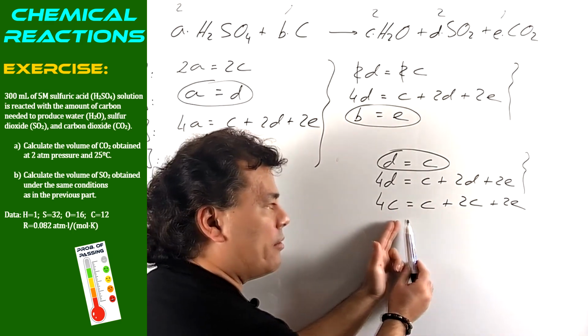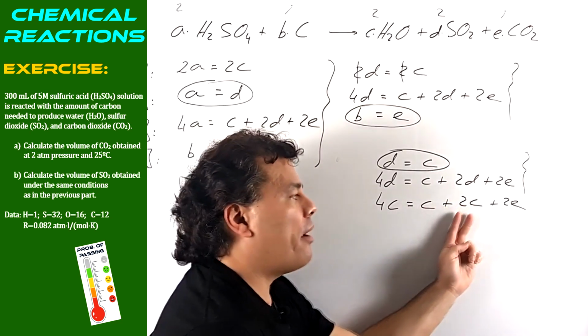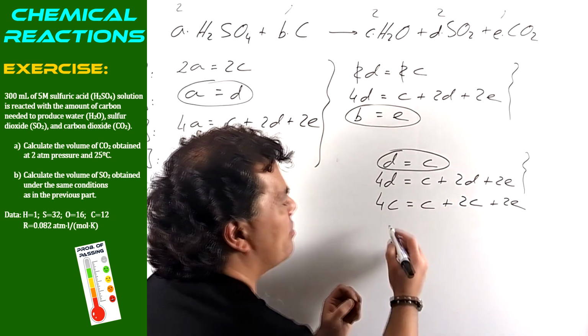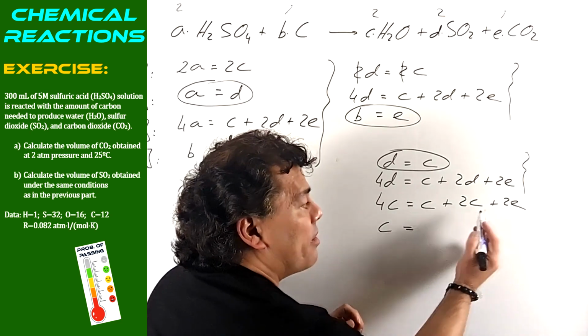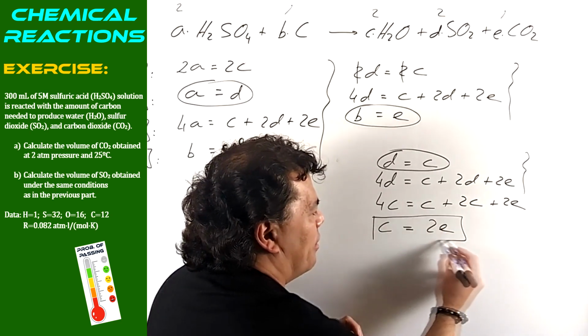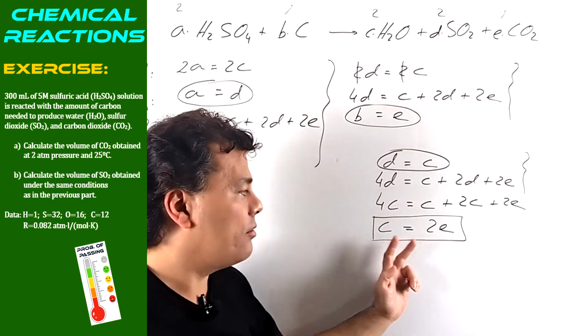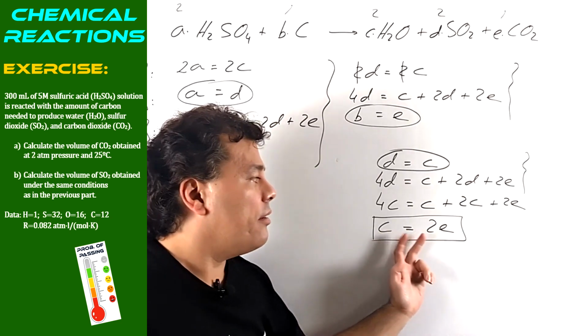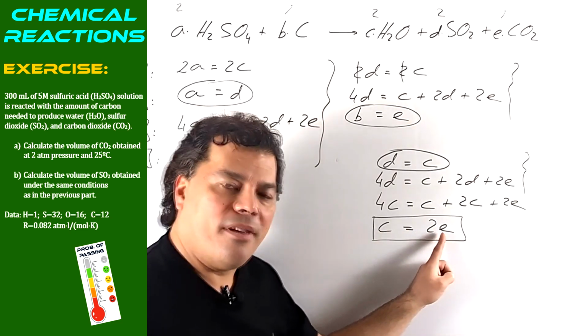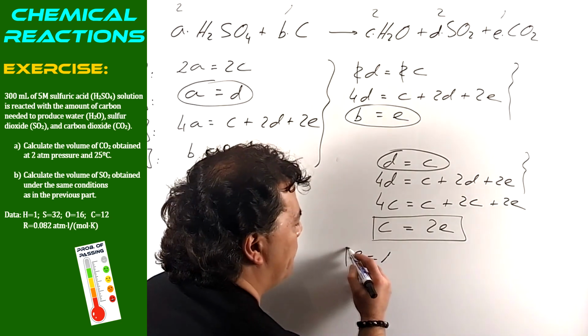4C minus C is 3C. 3C minus 2C is C. That must be equal to 2E. And this is the last equation. And now let's give values to these variables. I think that the most interesting thing will be to, let's say that E equals 1.